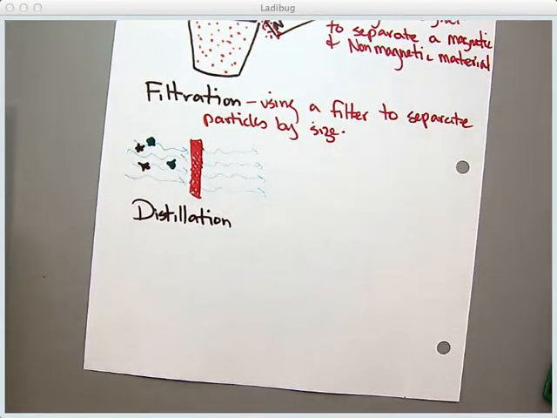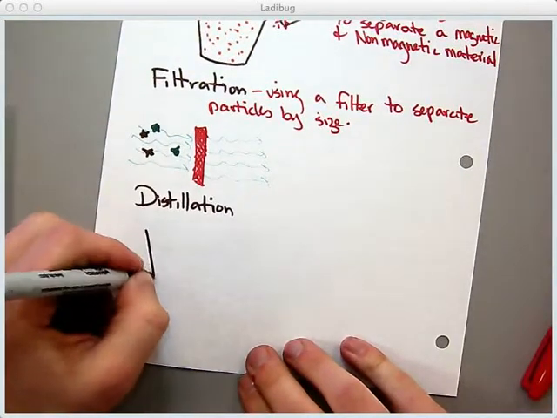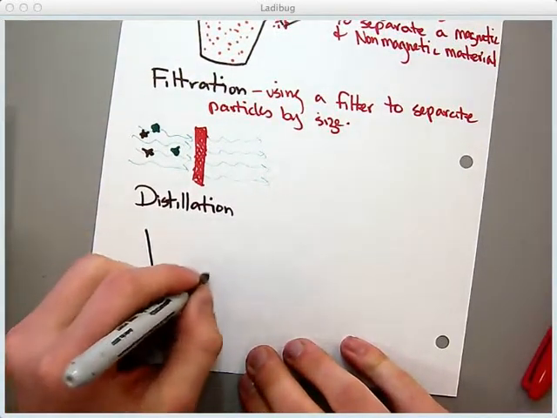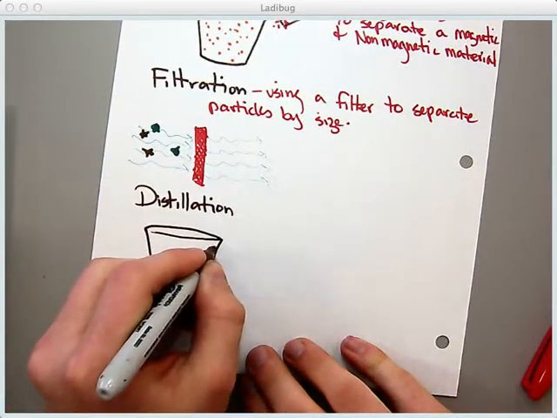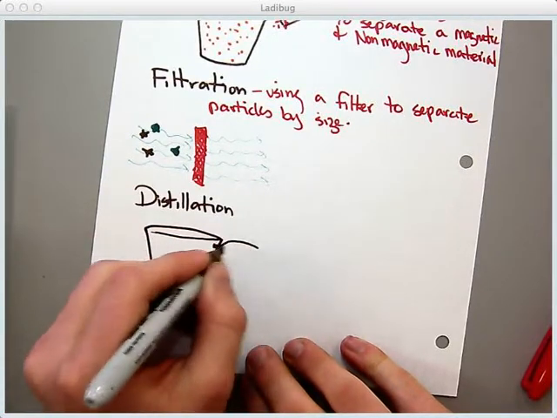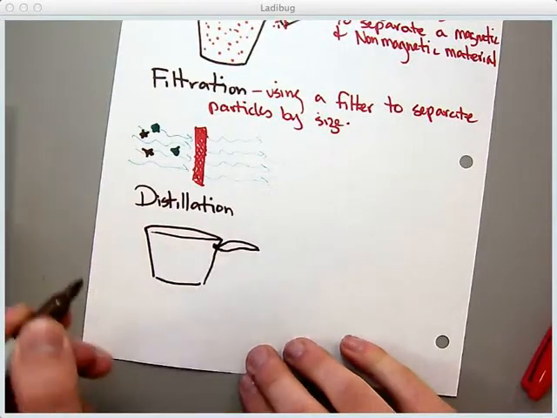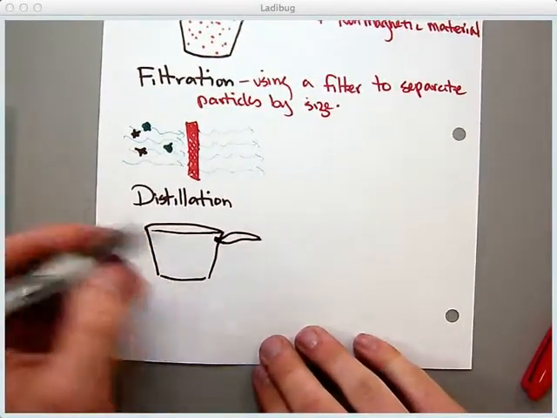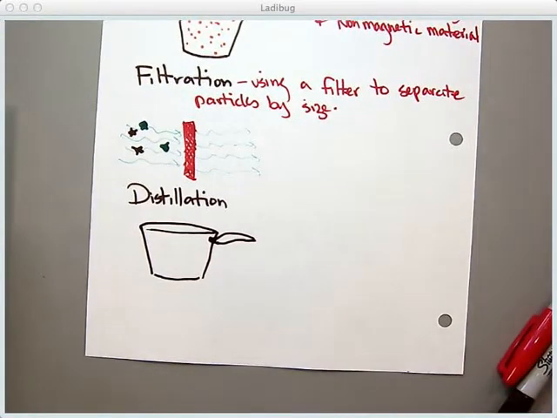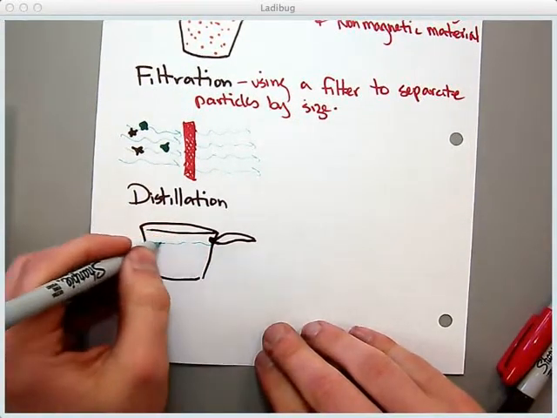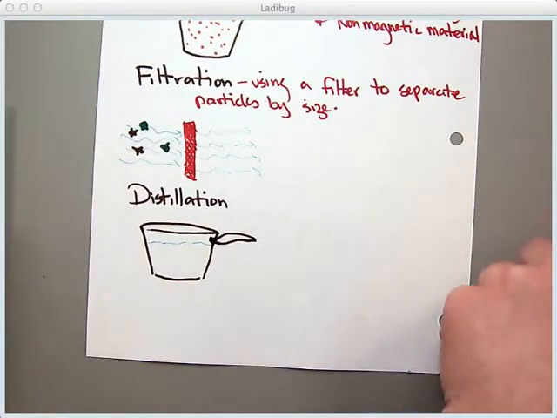Okay, so what we do in distillation, let's say I have a pot of salt water, and it's filled up to a certain level. I'm going to take a flame, I'm going to put it under that pot.